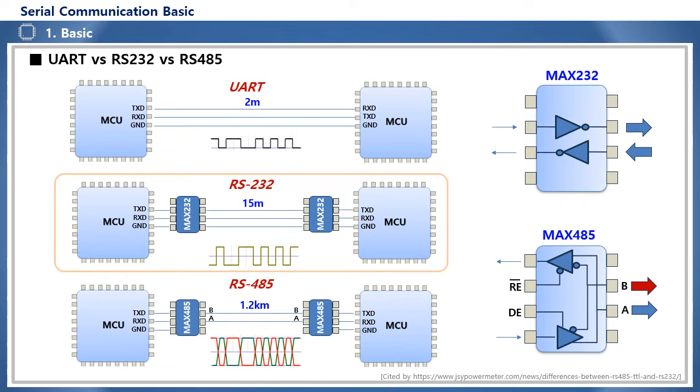Therefore, it is a system that greatly amplifies the TTL level signal and communicates, and uses 3 lines, TX, RX, and ground. And only point-to-point, that is, one-to-one communication, is possible.